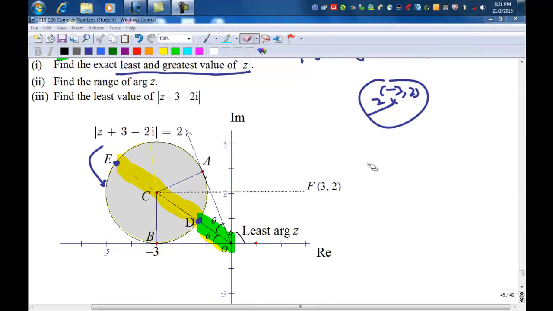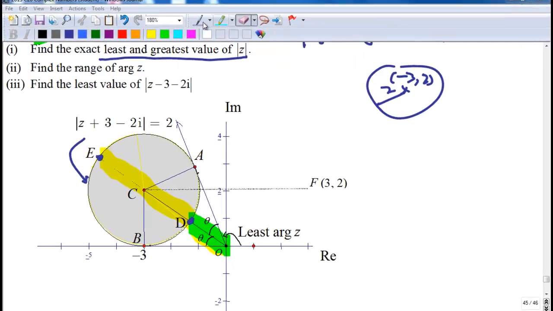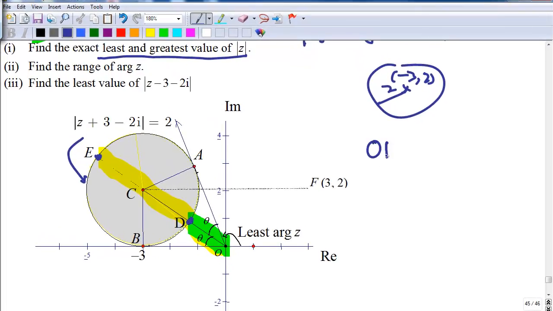Now let's mark down the shortest and the furthest distance away from the origin. If you look at your diagram, the shortest distance is indicated by OD and the furthest distance is OE.